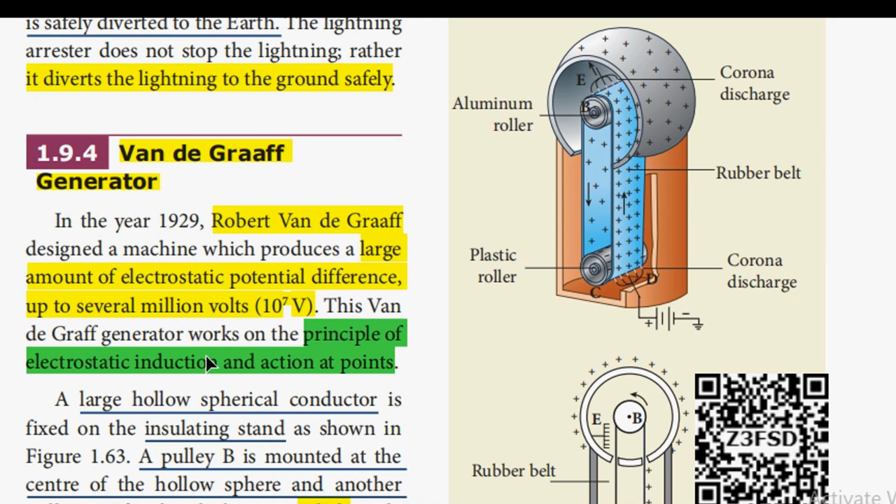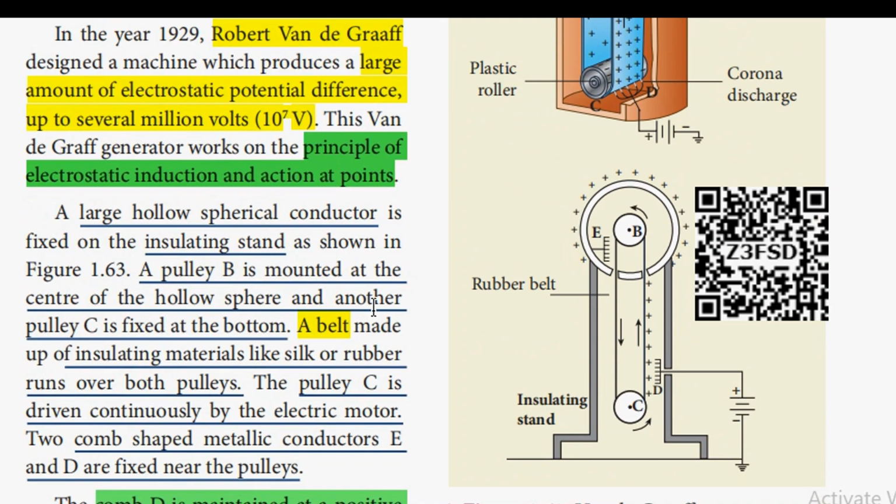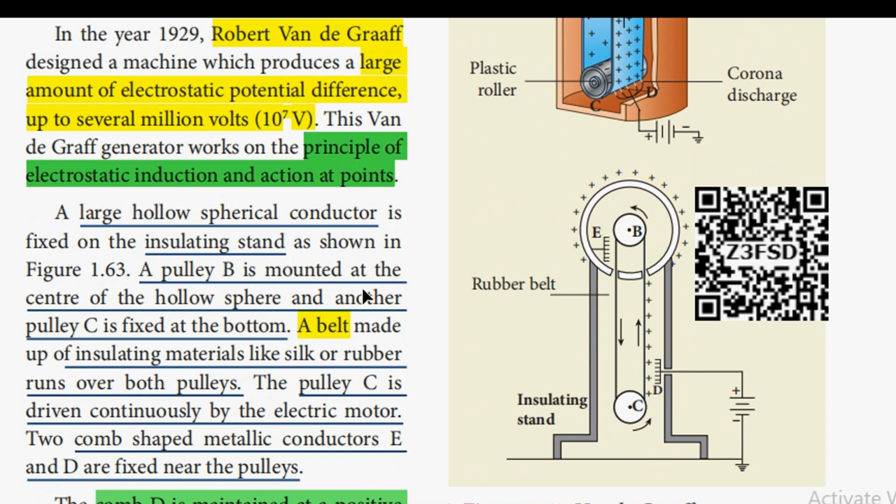It works on the principle of electrostatic induction and action at points. There is a large hollow spherical conductor fixed on an insulating stand as shown in this diagram. A pulley B is mounted at the center of the hollow sphere and another pulley C is fixed at the bottom. A belt made of insulating material like silk or rubber runs over both the pulleys.